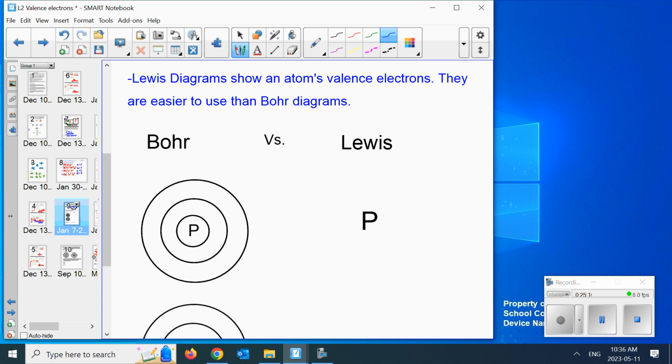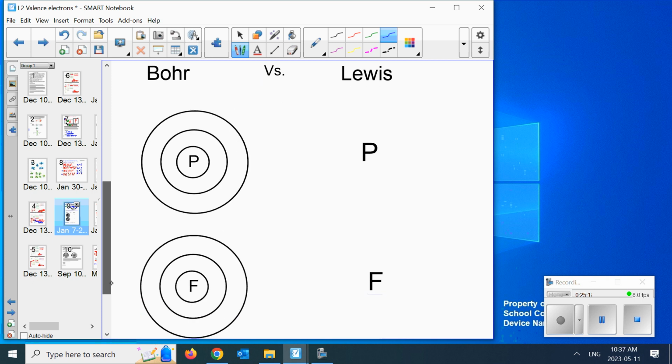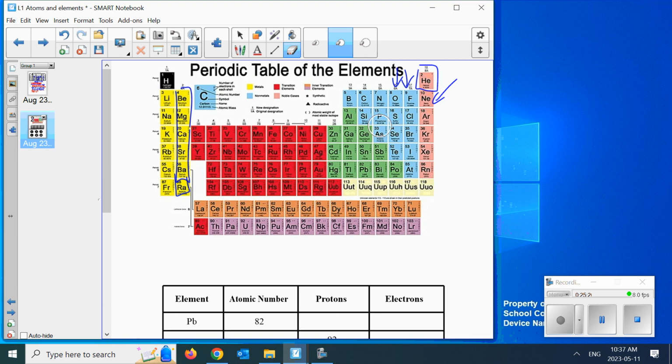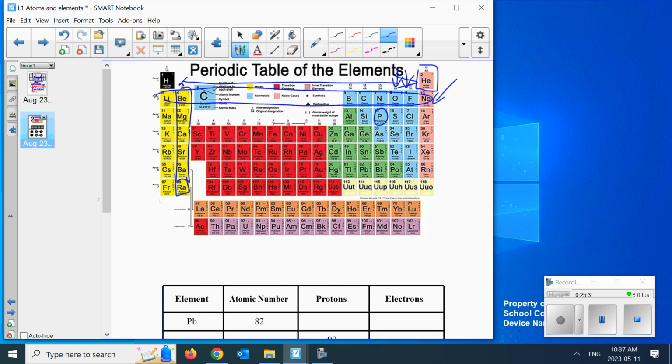Show you. So phosphorus as a Bohr diagram. Here's phosphorus in a Bohr diagram. I would say first row, 1, 2 electrons, right? And then the next row, there's 8 electrons, and that corresponds to the second ring.